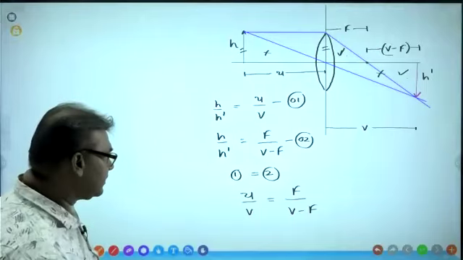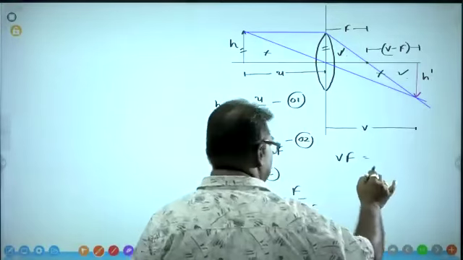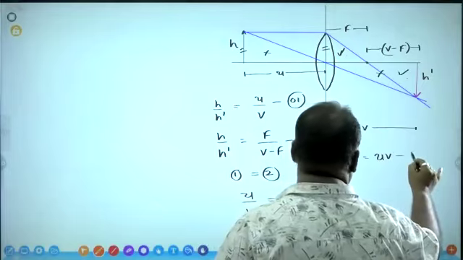Can I have cross multiplication? vf equals uv minus uf.